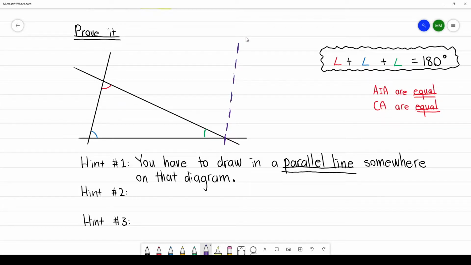Yes, yes, okay. So and then what? So this one is parallel to this one. Okay. Oh no, that's not. I mean, so like this.